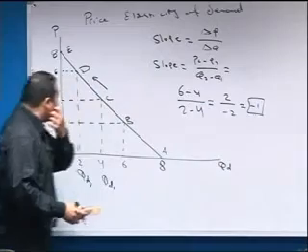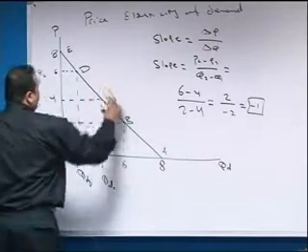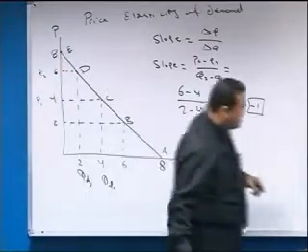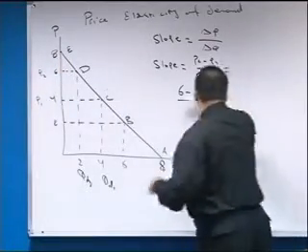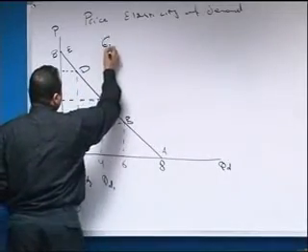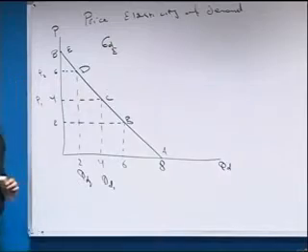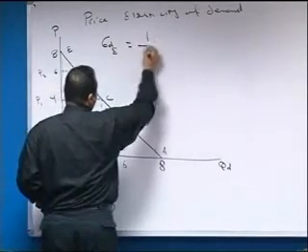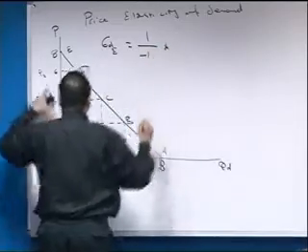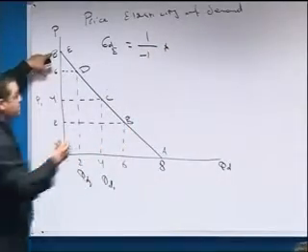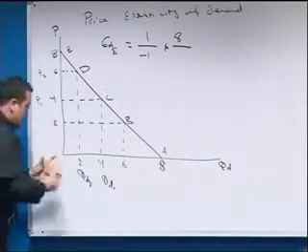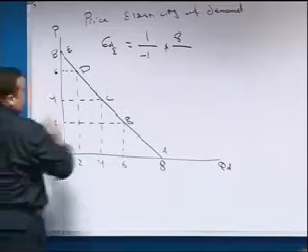Let's calculate the price elasticity of demand at point E. ED at point E equals 1 over the slope, 1 over minus 1, times P1, which is 8, over the quantity demanded, which is 0.